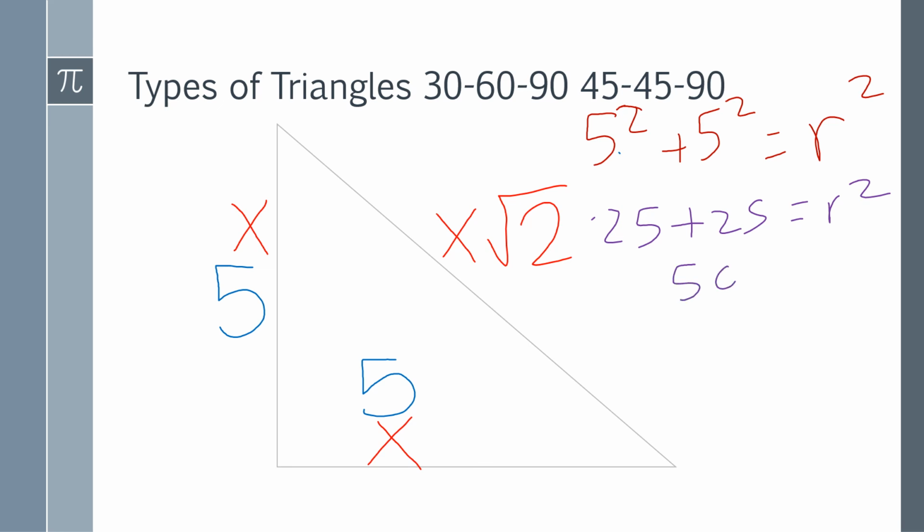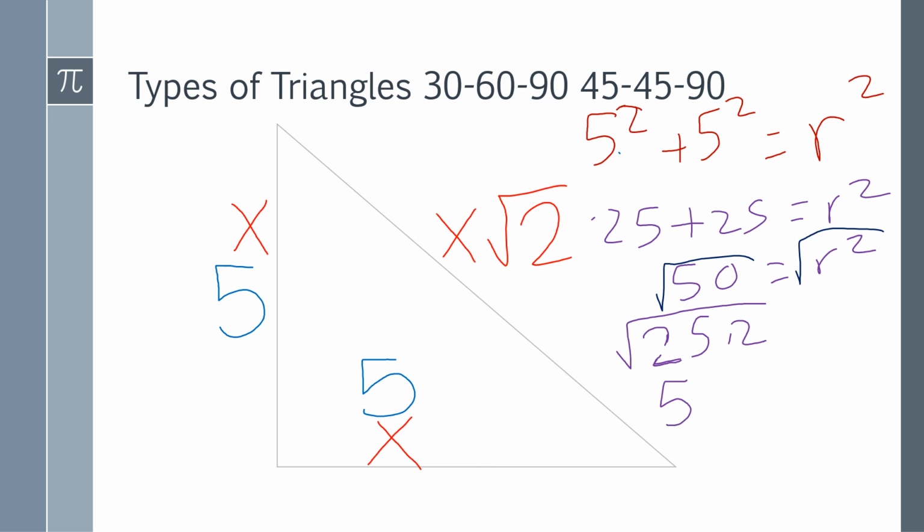So that's 50 equals r squared. Well, when you take the square root of both sides, you got to think about how to break down 50. And that's what makes this hard. Because you got to break things down like that. Because we know that 50, when you try to break it down into perfect squares, 50 has 25. And we know 25 is a perfect square of 5. So that's 5 square root 2. And that's our r.